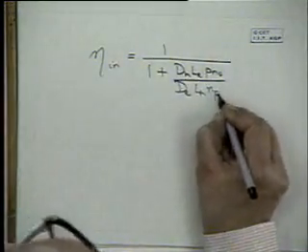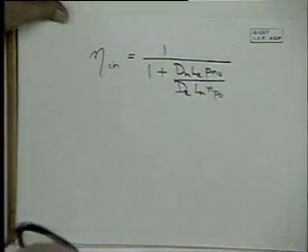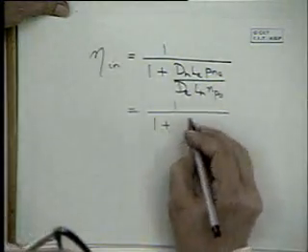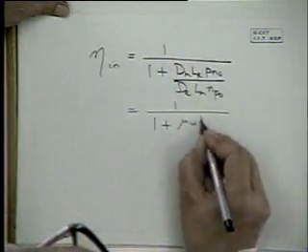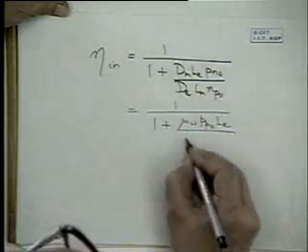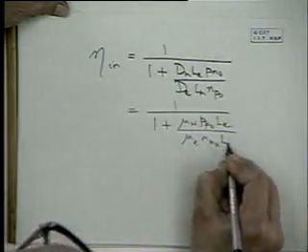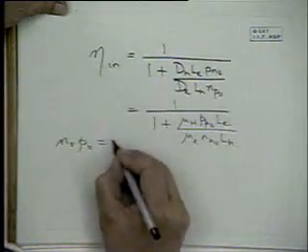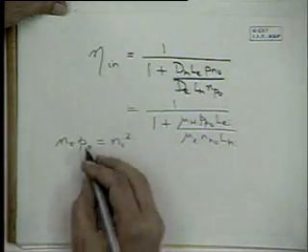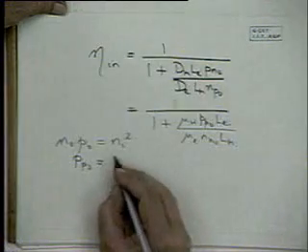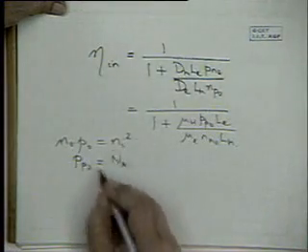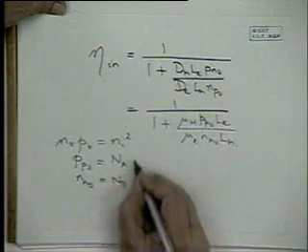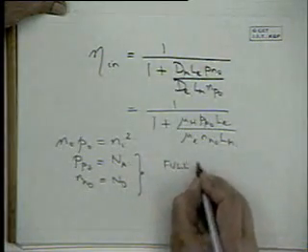And this can be further simplified: 1 over 1 plus mu H PP0 LE over mu E NN0 LH, because we know that N0 times P0 is equal to Ni squared in equilibrium, and where PP0 is Na, we are assuming all the acceptors are ionized, and NN0 is equal to Nd, full ionization.